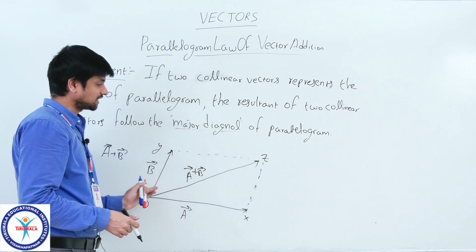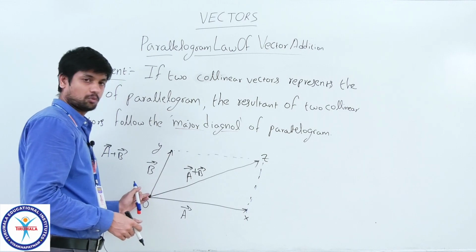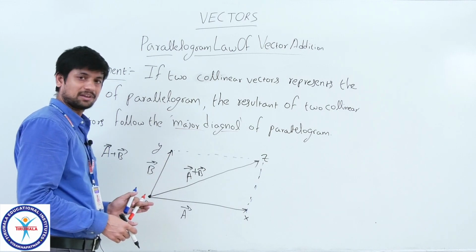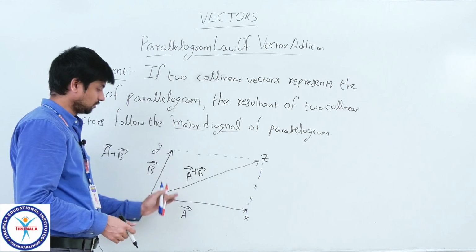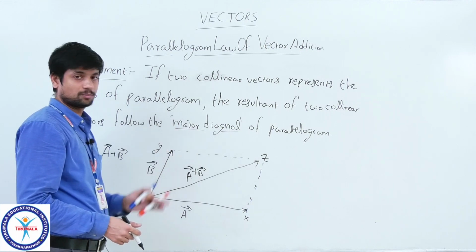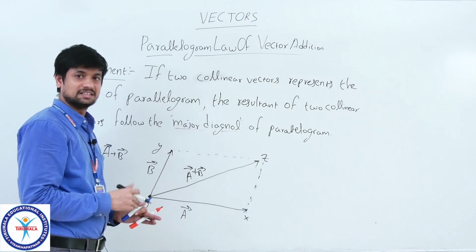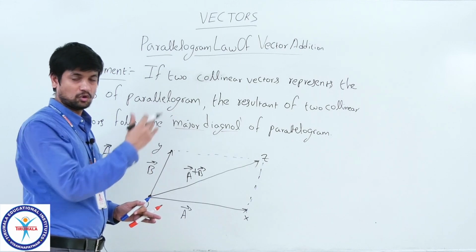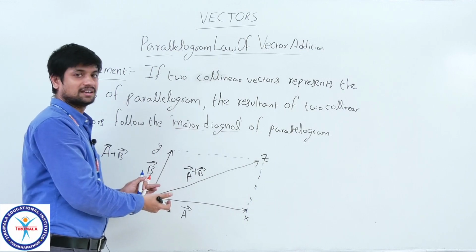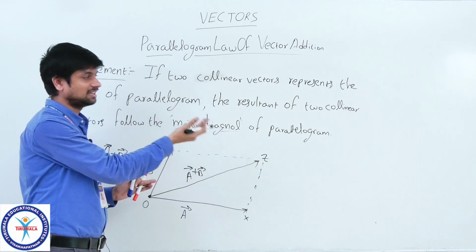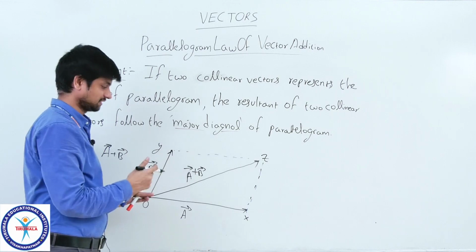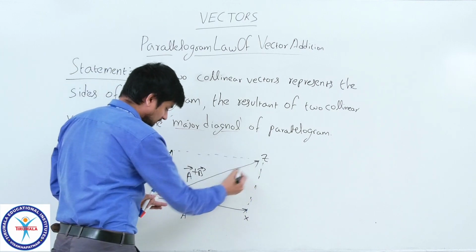But in most cases two vectors start from one point, which is why this law is applicable. Mathematically also, I said before, the sum of the squares of all the sides is equal to the sum of the squares of the diagonals. If you apply that, you get this. So, mathematics being applied for physics. Now, I need to calculate this OZ.